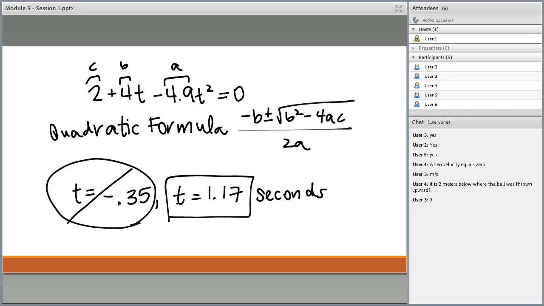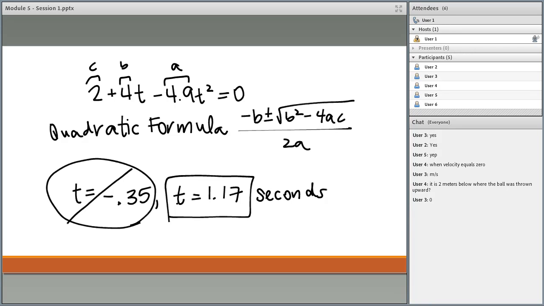If we had gotten two non-negative values, so sometimes depending on the question, it's possible that the ball was thrown from the ground rather than 2 meters above the ground. If that's the case, you'll end up getting a t equals 0 value, which means initially the ball was on the ground, and then the other t value is saying how long it took for the ball to reach the ground after it was thrown.